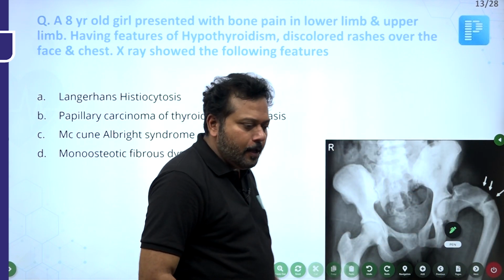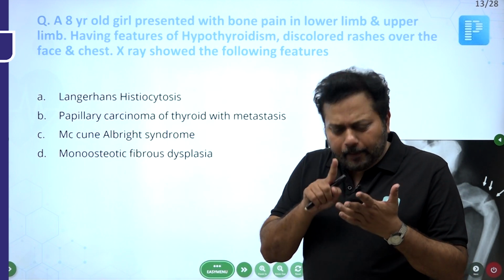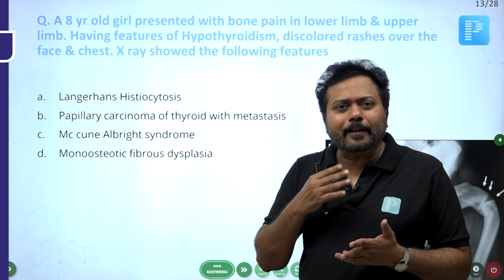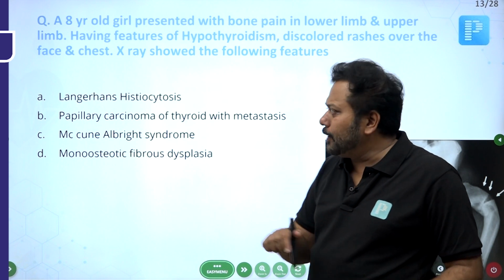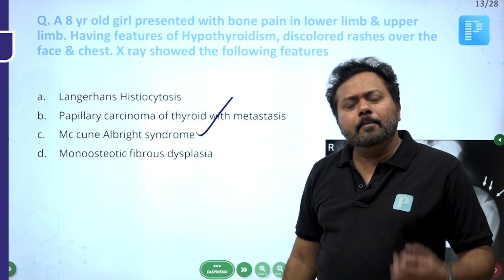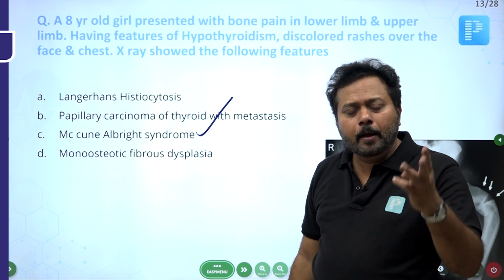So, a female child, 8 years, with hormonal imbalance and a discolored rash, what does it mean? Café-au-lait spots. So the diagnosis is McCune-Albright syndrome. What is McCune-Albright syndrome?